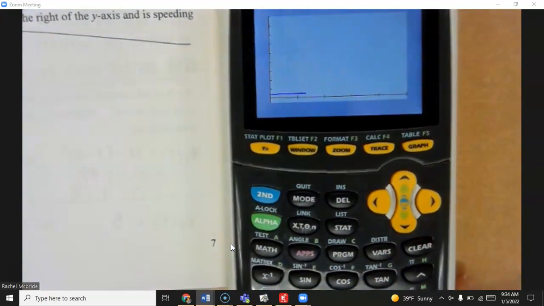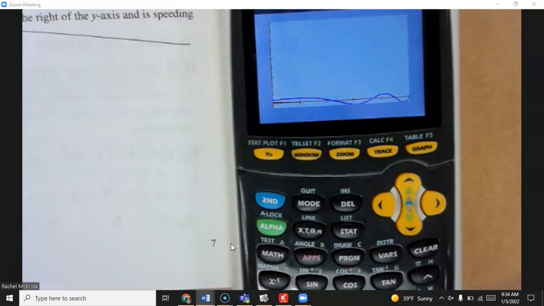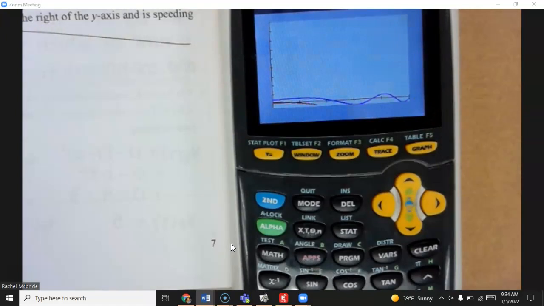The first graph in blue is my position. Looking at that right now, I already see that this has extrema. That's where I'm going to have my zeros. That's a point of inflection, because it's an extrema of velocity.